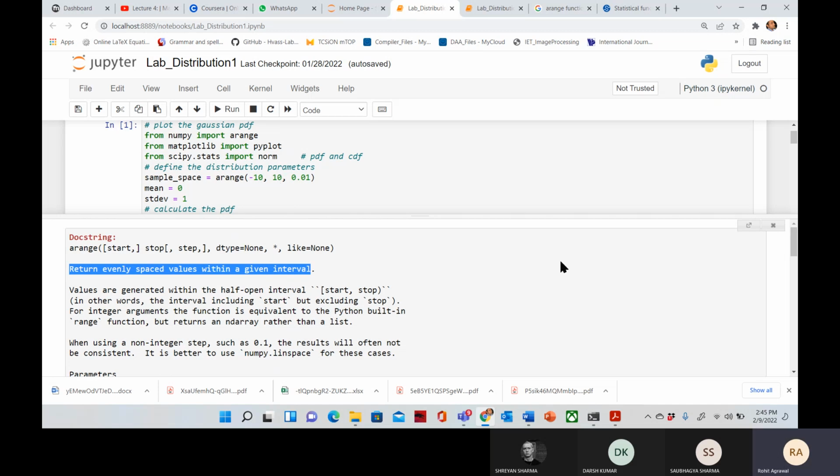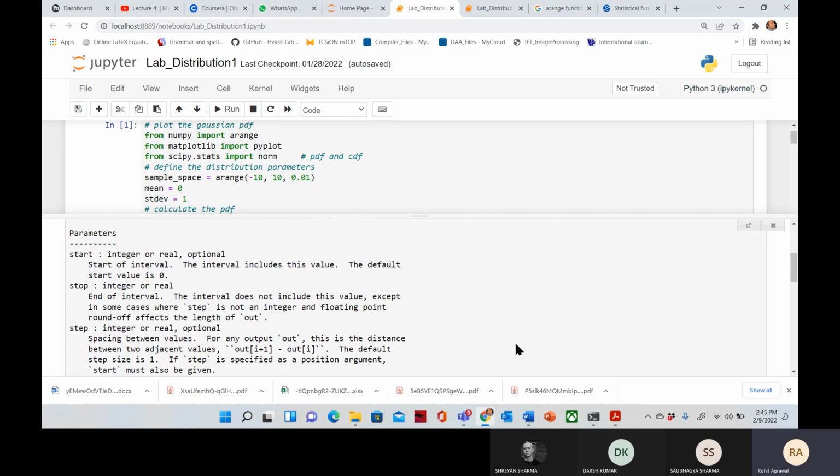I will show you the values here. Start, stop, step. Start is an integer or real value, and stop is an integer or real value, and step size is again a real or integer value.